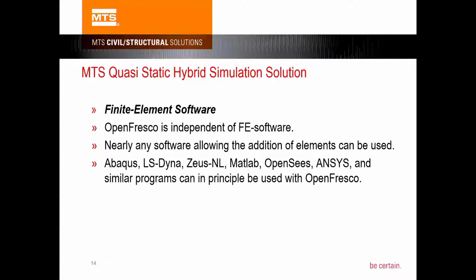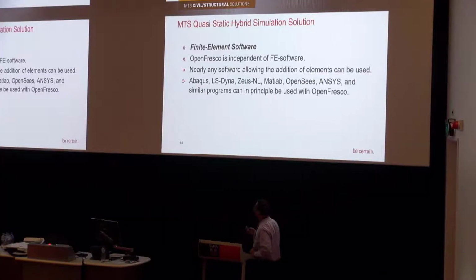For the finite element analysis software, like I mentioned, OpenSees definitely is the most widely used finite element analysis software so far for hybrid simulation in civil structure. But OpenFresco can connect to all kinds of finite element analysis software, like Abaqus, like LS-DYNA, like MATLAB, Simulink, ANSYS, all of these.